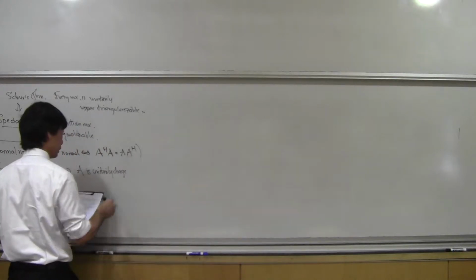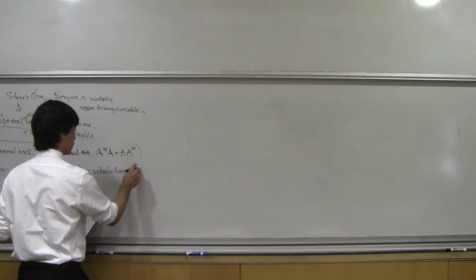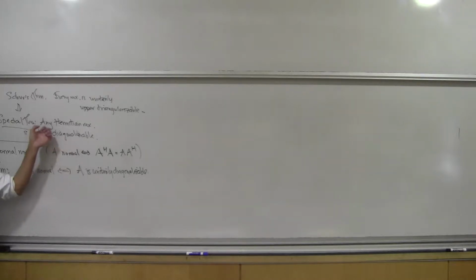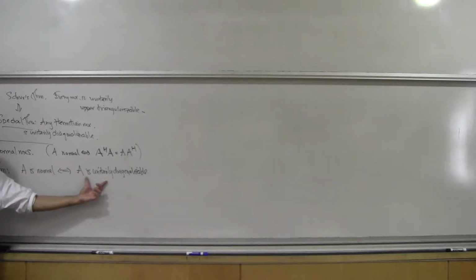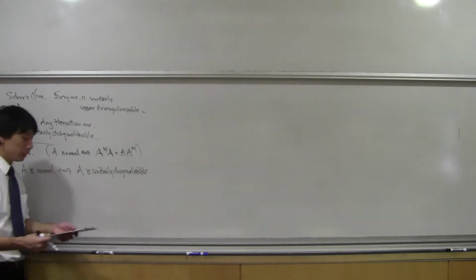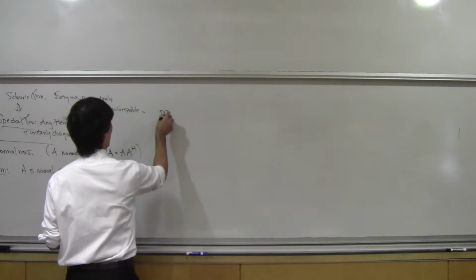If you're Hermitian, you're unitarily diagonalizable, but it's not true that being unitarily diagonalizable means that you're Hermitian. Being unitarily diagonalizable is equivalent to this condition called normalness. The proof of this is not too bad.